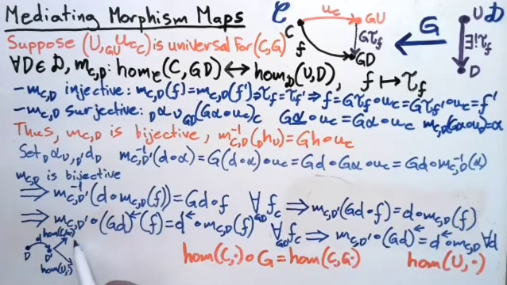Then here we're going to have our follow by GD morphism. And here we're going to have our follow by D morphism, right? These are the images of D under the two covariant home functors.